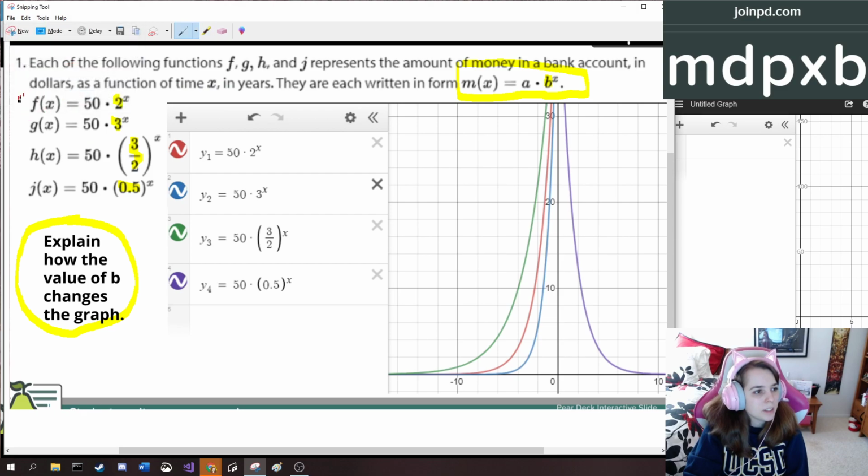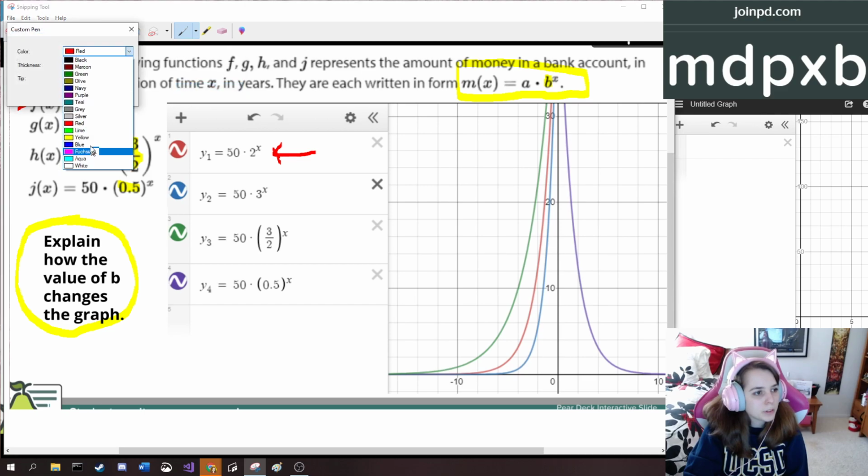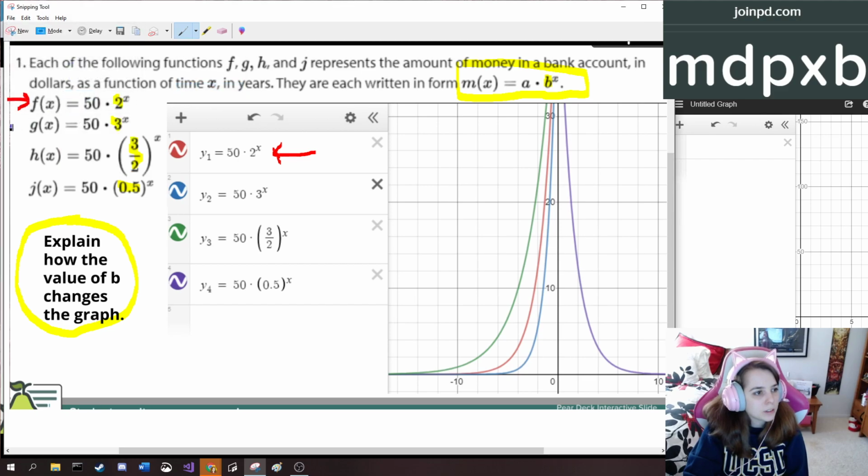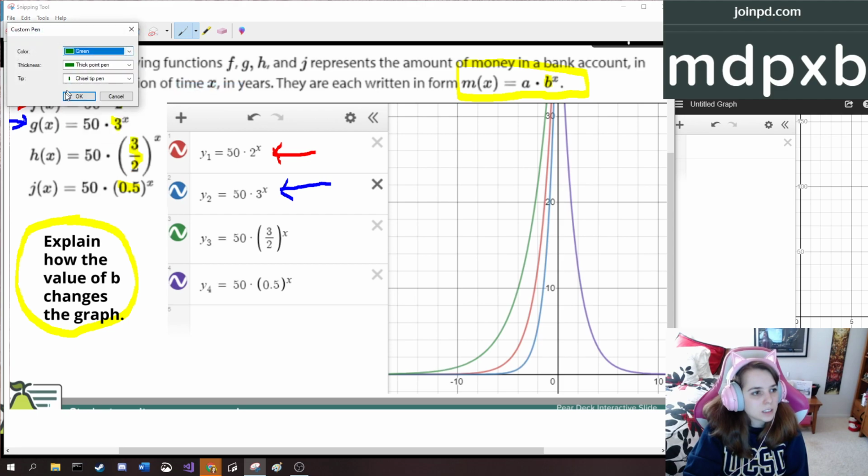So this equation is going to be the red one, the red line. Equation G is our blue line right here. Equation H is our green line.